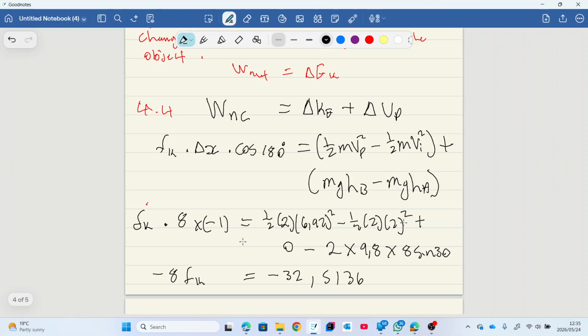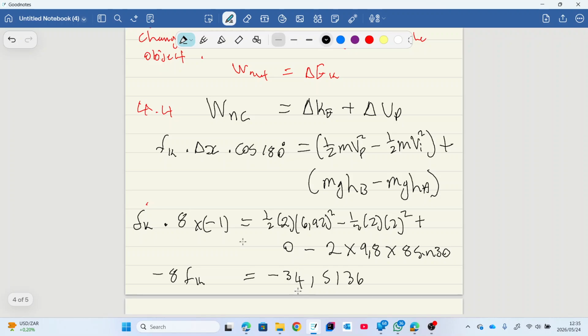Mass times. I forgot the squared. Okay. I got minus 34. Everything else is the same. So here it is minus 34.